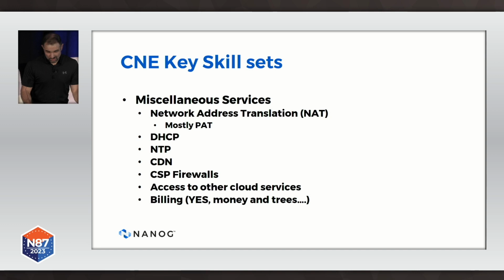Network address translation, NAT is one. You need to understand how it works, source NAT and destination NAT, the difference between the two. Concept of DHCP, NTP, CDN, CSP firewalls. So some cloud providers, they have their own firewalls, and designing for those firewalls is also key, very important, and billing.